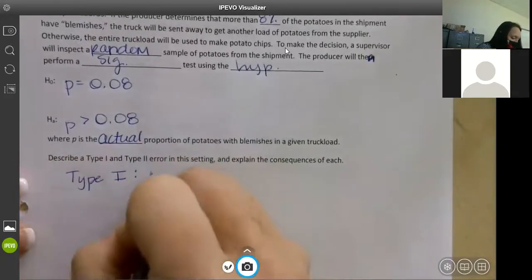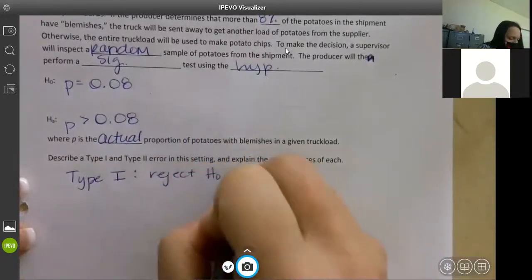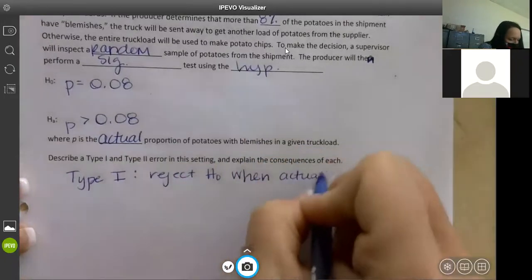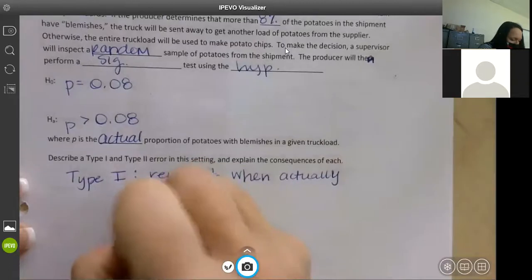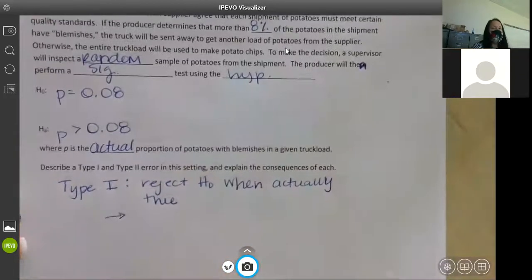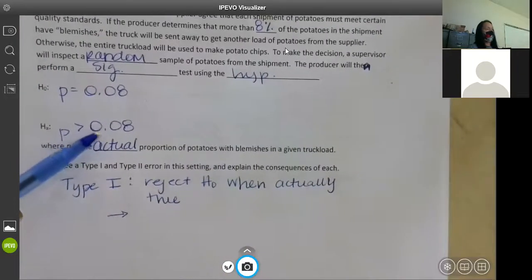So type 1 means that we reject H sub O when it's actually true. Okay. So that means we say that there's more than 8% of the potatoes that are blemished.